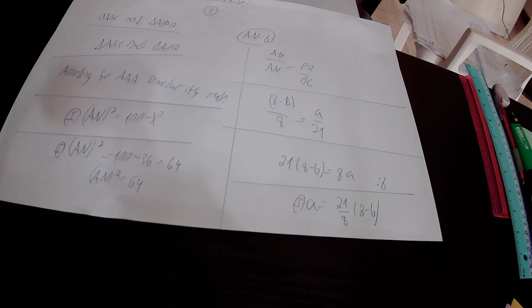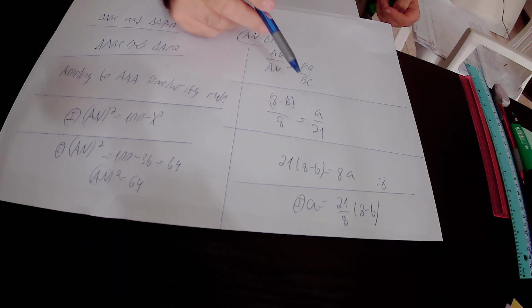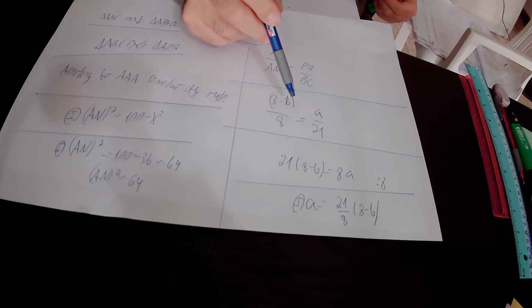So in conclusion, we found out that 8 minus B over 8 equals A over 21. Here we must multiply this equation, and finally found out that 21 times 8 minus B equals 8A.